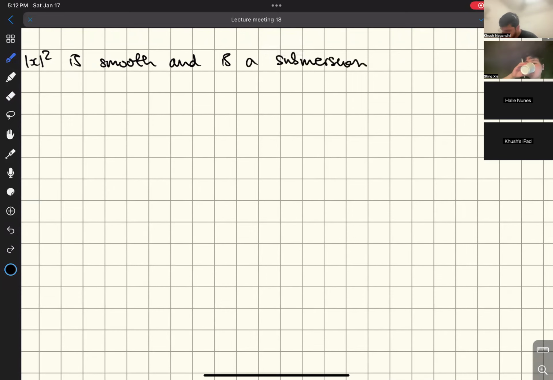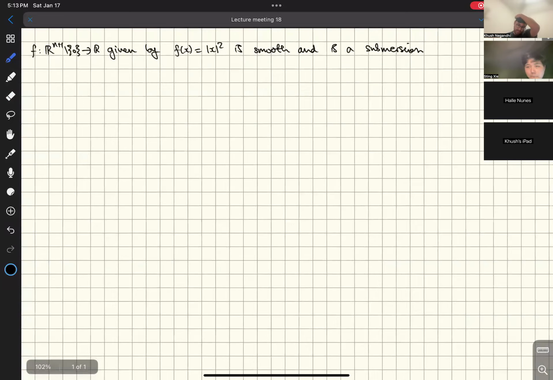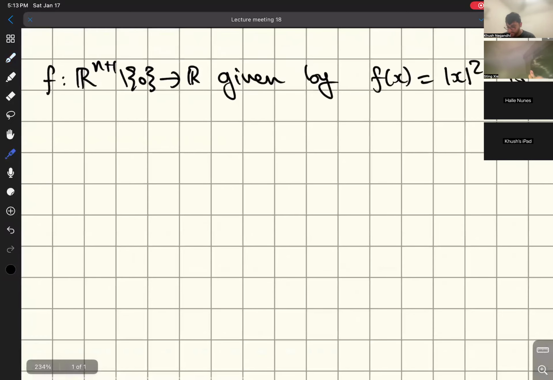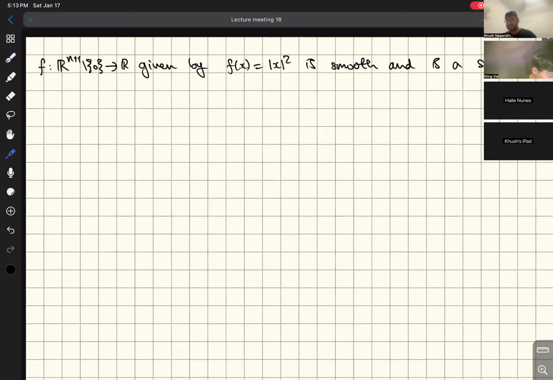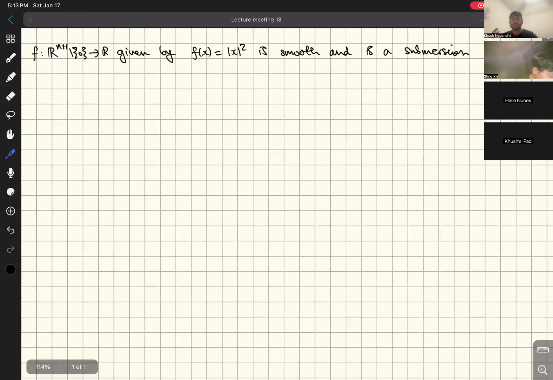If you remember, a submersion was a map whose differential at each point is surjective. And the reason we have to exclude the point zero is because at zero it is a critical value. Zero is a critical value because we have a minimum of this function at that point. So the derivative vanishes, and so it's not surjective.